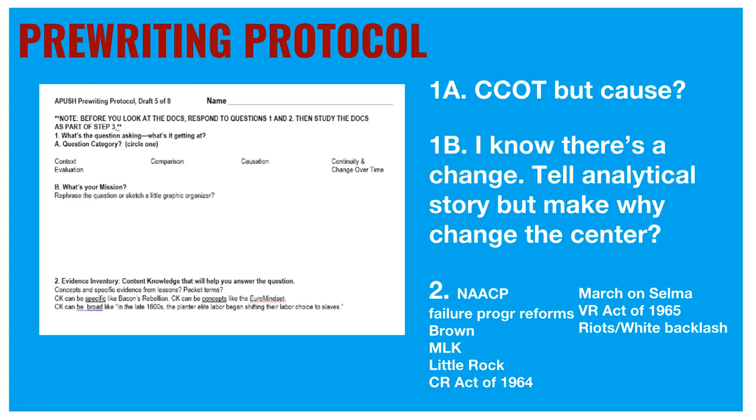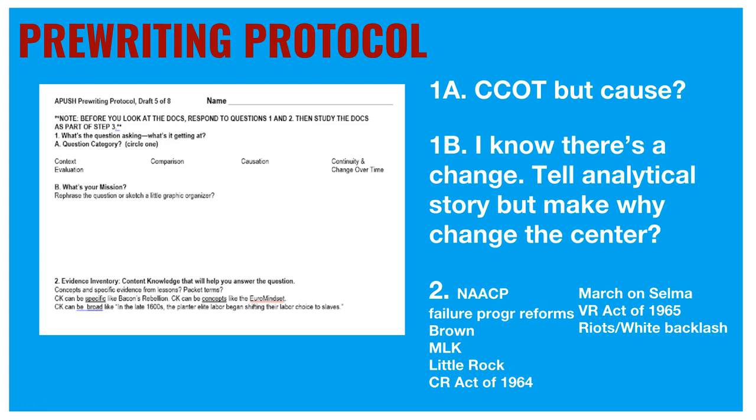When I think of federal action, I think of Little Rock, where in 1957 President Eisenhower sends the Army into a school to enforce integration. That's an example of the federal government at work. I also think about the Civil Rights Act of '64 that integrates all public places and outlaws segregation.